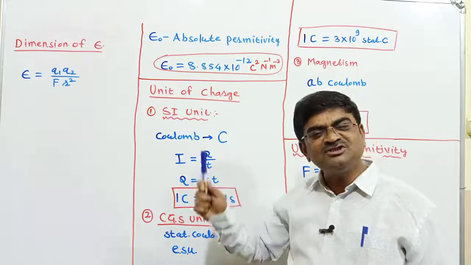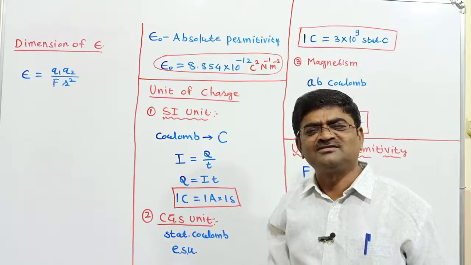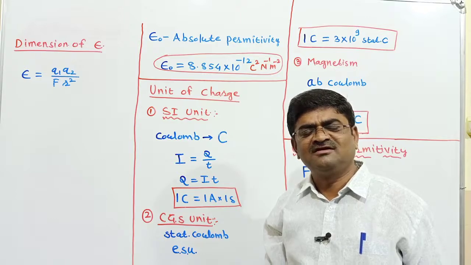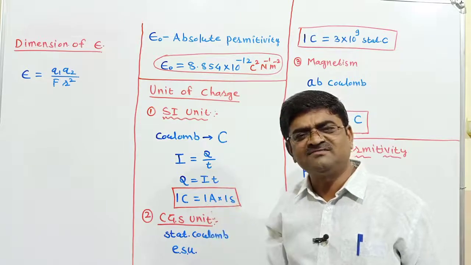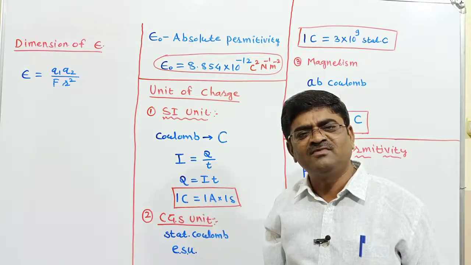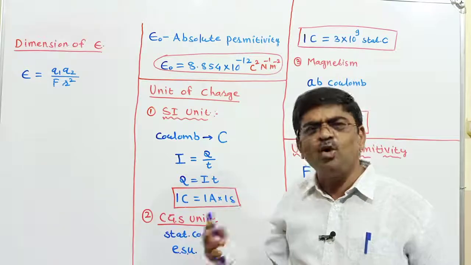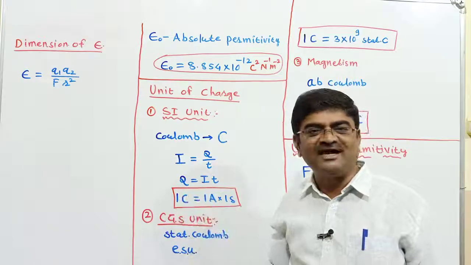Whereas dimensions of force already I have studied. Mass into acceleration I write, and then mass dimension 1 in mass, acceleration dimension 1 in length and minus 2 in time. So let me substitute directly, because already you have thoroughly studied how to get the dimension.